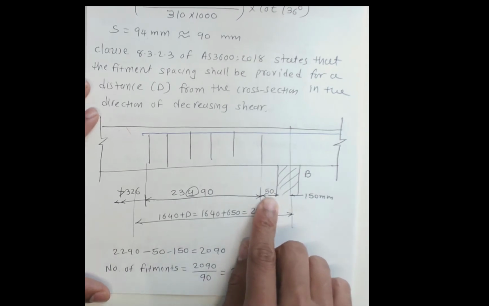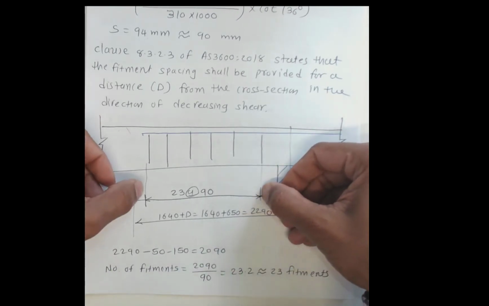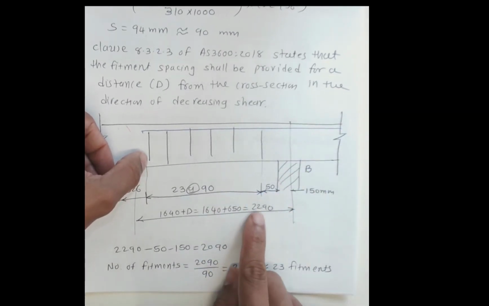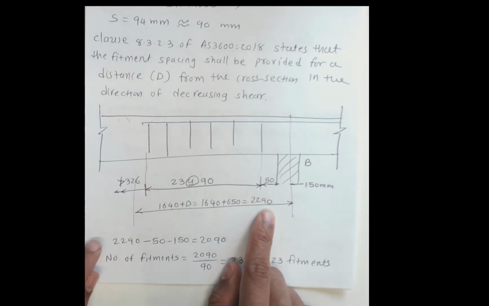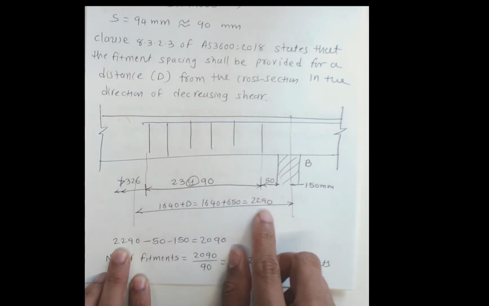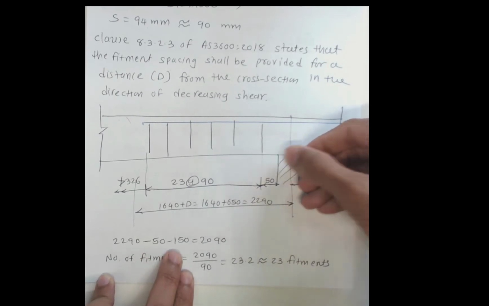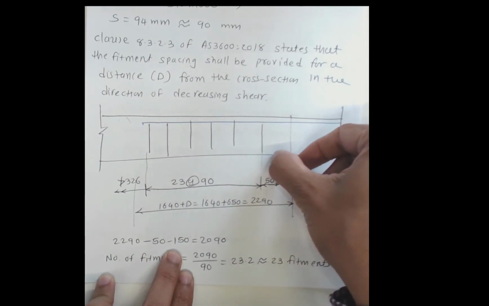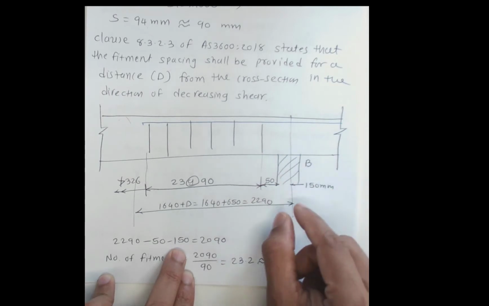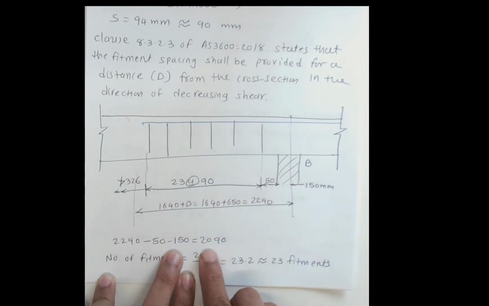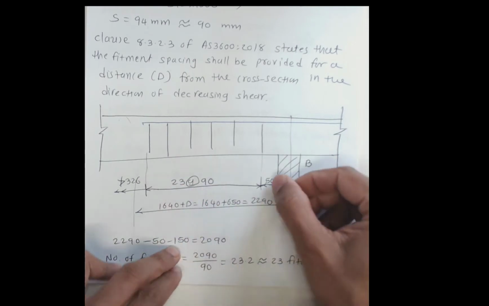So 50 millimeters is the starting point, and now we need to find how many fitments we can fit in this region of 2290. To calculate this distance, take away 50, the position of the first fitment. Take away 150, because this support has a width of 300, so we take away 150. So 2290 take away these gives us 2090, the distance from here to here.